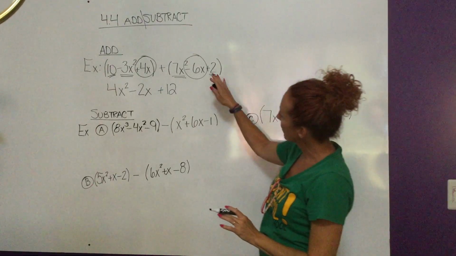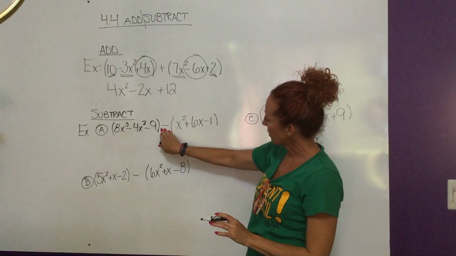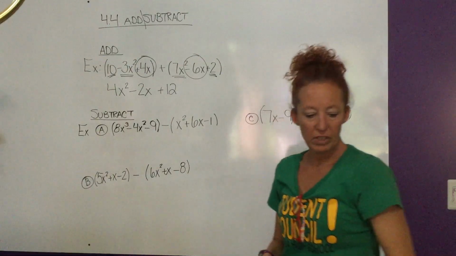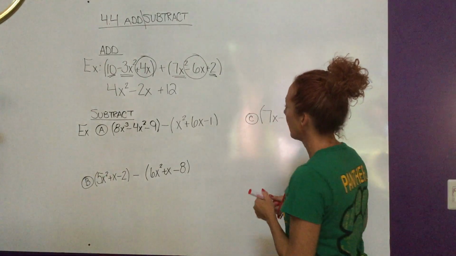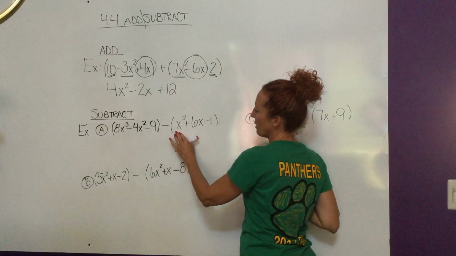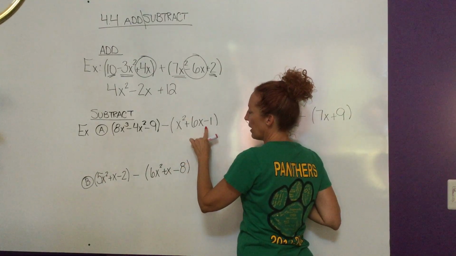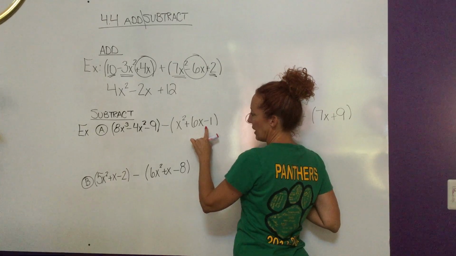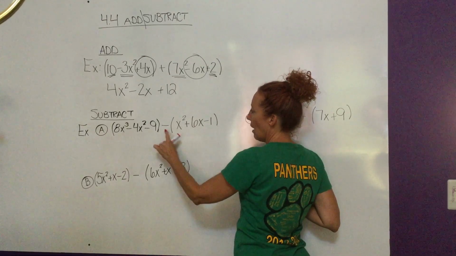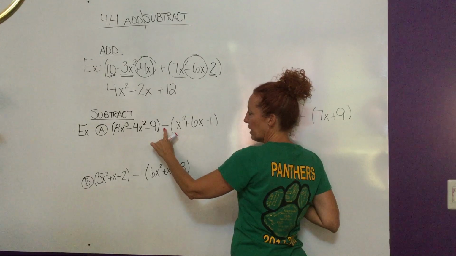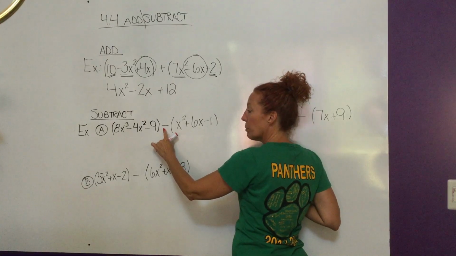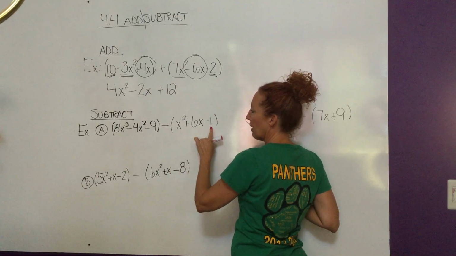The only difference between add and subtract is clearly there's a subtract piece here, which means that we have an added step that when you subtract this entire polynomial, every term inside that second set of parentheses needs to change signs. Imagine that you are distributing that negative or multiplying a -1 through by everybody.